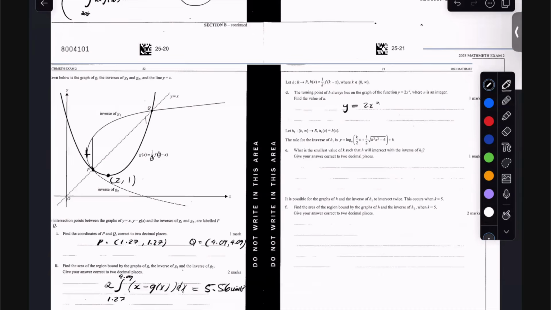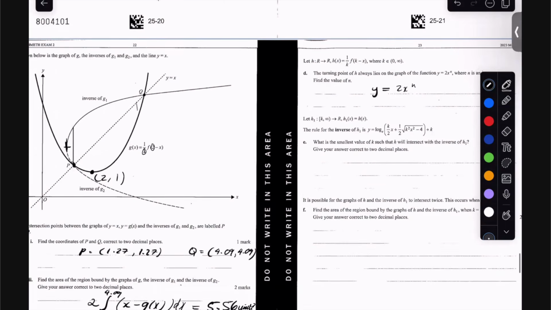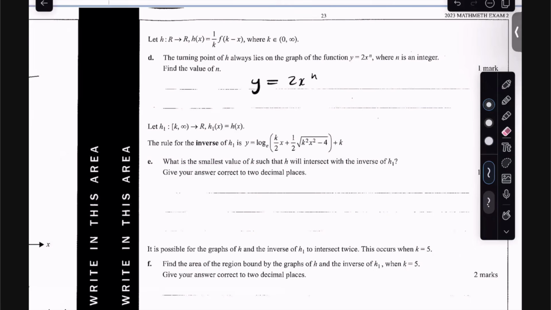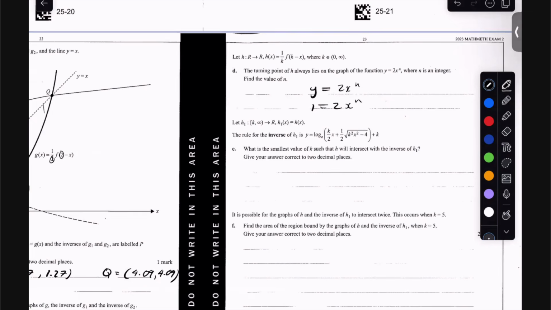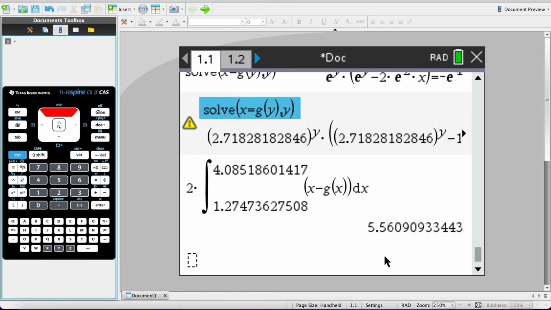Yeah, it was 2, 1. And we can just sub in 2, 1 here. 1 is equal to 2x to the power of n. That doesn't make sense. Did I make a mistake? 2, 1. That was the coordinates, wasn't it?